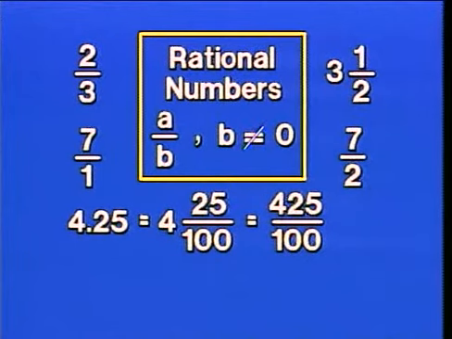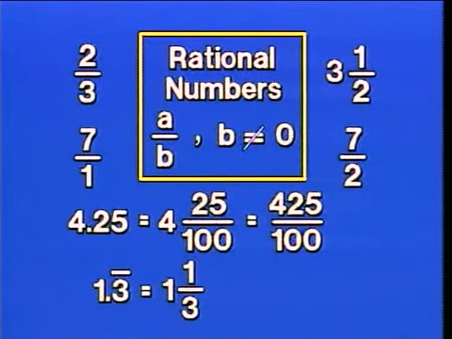So all of these terminating decimals turn out to be rational numbers. Now, other kinds of decimals, repeating decimals, are also rational. This is 1.33333 and so on. The little bar above the 3 means that the 3 repeats infinitely far. Now, this is equivalent to 1 1/3, which again can be written as an improper fraction.